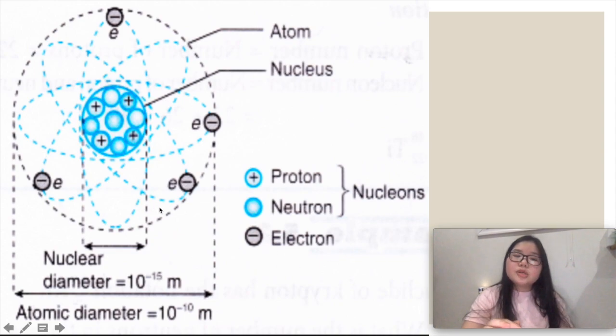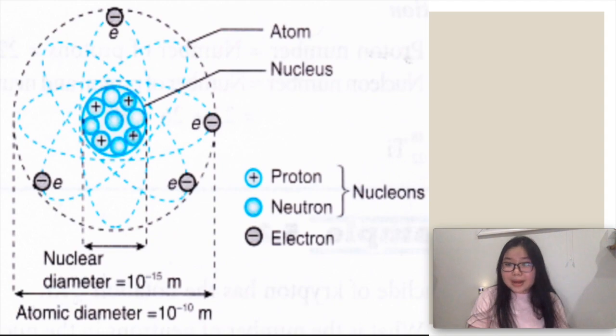The electrons will orbit around the nucleus, and inside the nucleus are protons and neutrons. Here you will see the nuclear diameter and atomic diameter. You don't need to care about this because it is not necessary for our lesson today and for my quiz on Monday. It's just something for you. If you want to write it down, it's okay, but if not, it's not really necessary.